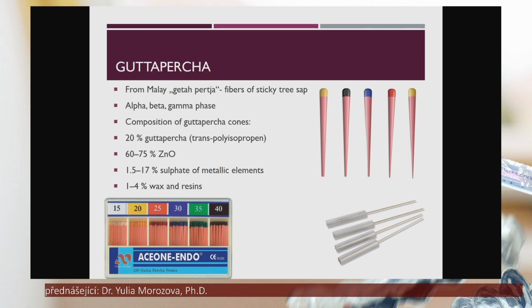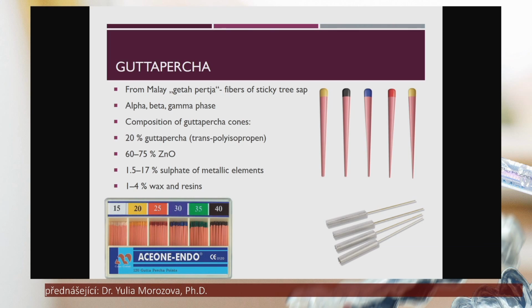Then we can find 60 up to 75% of zinc oxide, then different metallic elements and sulfates to provide the radiopacity of this material, and also we can find 1 up to 4% of wax and resins to receive more plasticity of the gutta percha.